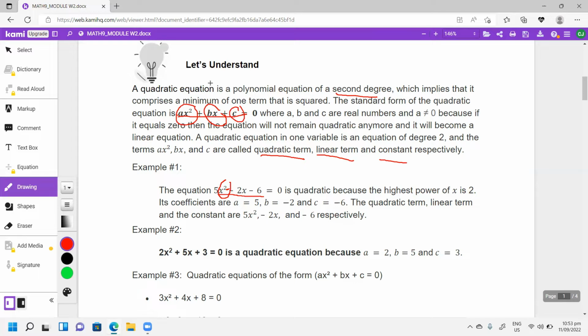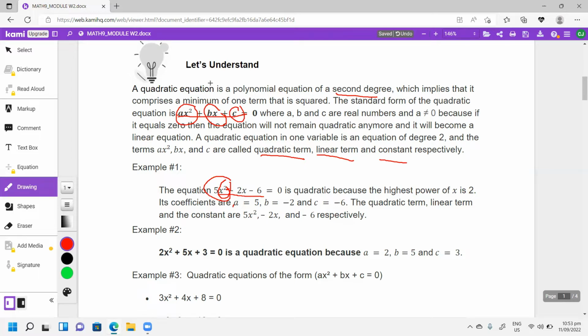Next, let us identify the a, the b, and the c. The a, b, and c here, class, are the numerical coefficients based on this equation. A is the coefficient of the quadratic term. Our quadratic term is 5x squared. So what is the coefficient of 5x squared?